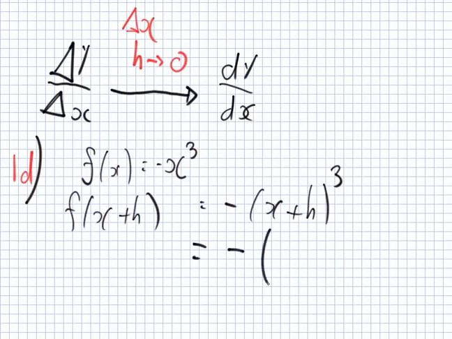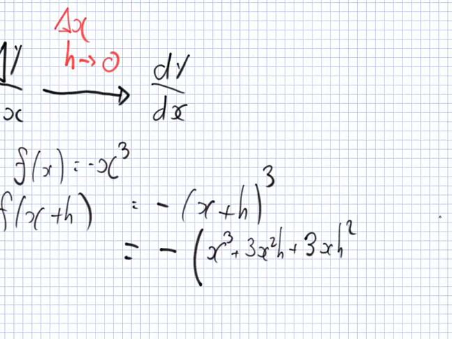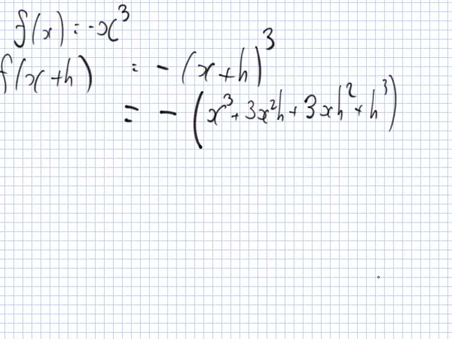So here will be x cubed plus 3x squared h plus 3x h squared plus h cubed. I'll leave the minus out for the moment. So that's your f of x plus h. And then you can put it into your formula.